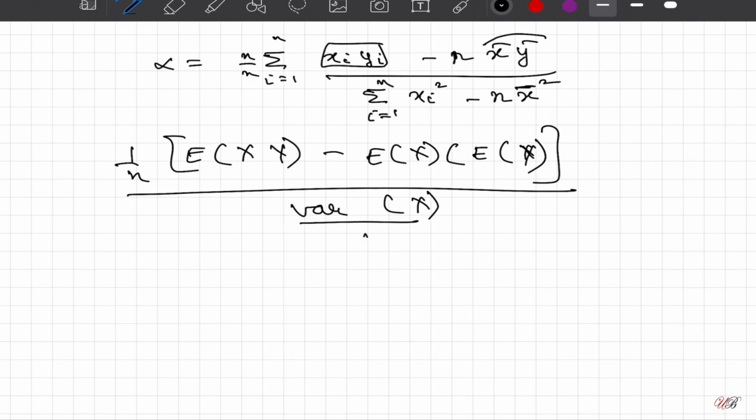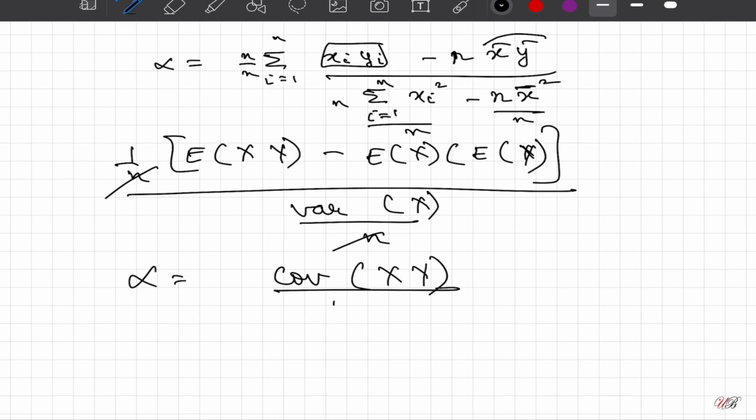Again we have to divide by n and multiply by n on both sides, so we end up with variance of x, and these n cancel out here. So basically, can we say that the best estimate of alpha in this case is covariance of xy upon variance of x?